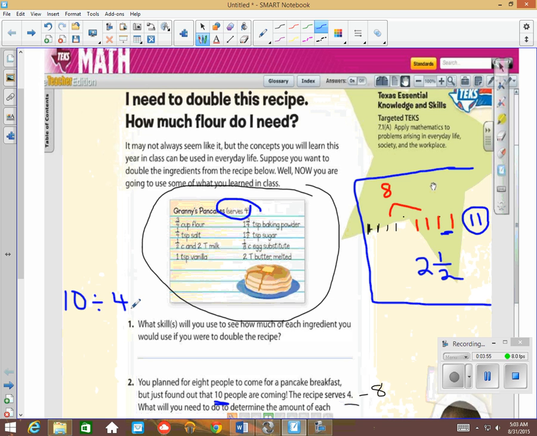Okay. And that's still going to give you 2.5. So how would you divide 10 by 4? You got total people divided by 4 servings, okay? Yes, 4 servings for the whole thing. So you can divide it out to figure out how much each ingredient is going to be increased by, okay?